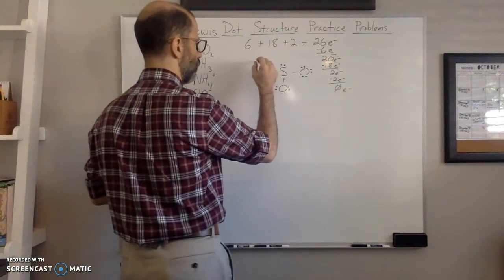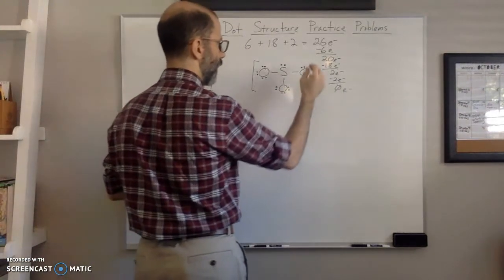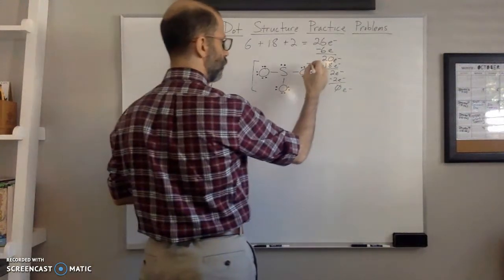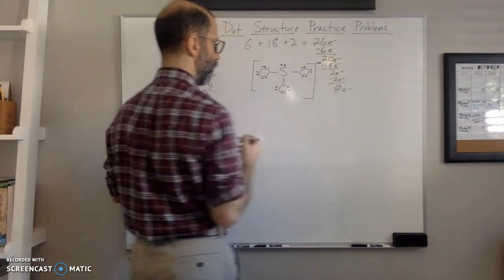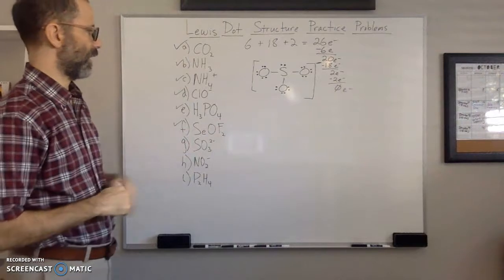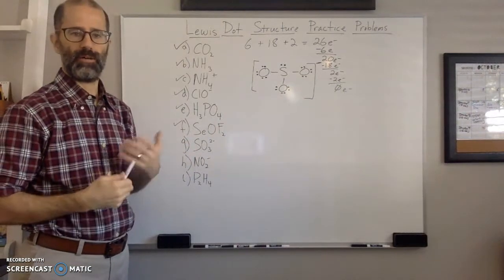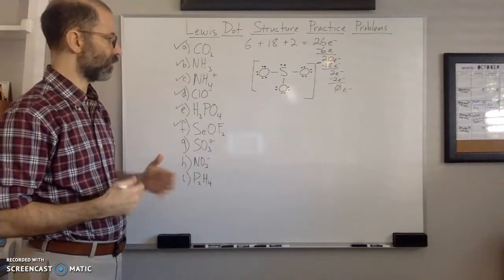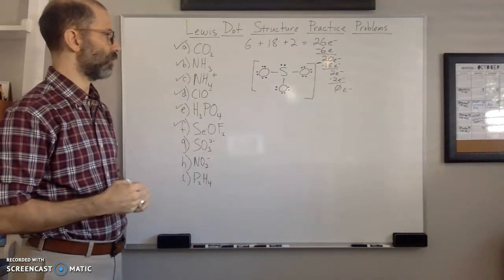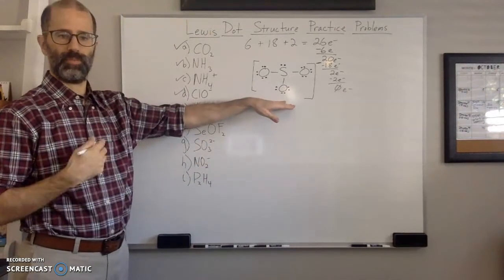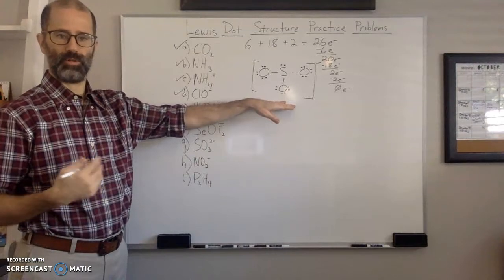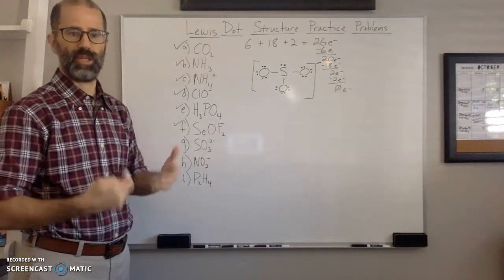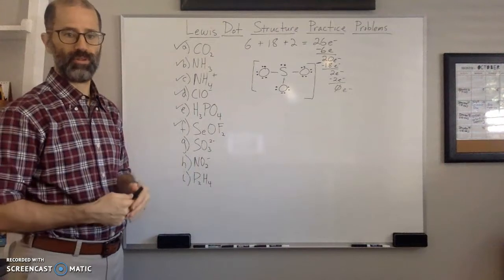So for this one, we would have square brackets around the molecule, and then we would have our negative charge on the outside. So that would be the final Lewis dot structure for this problem. Again, there are other Lewis dot structures that would be better than this, but this is a legitimate one. So we're just getting practice going through the steps.